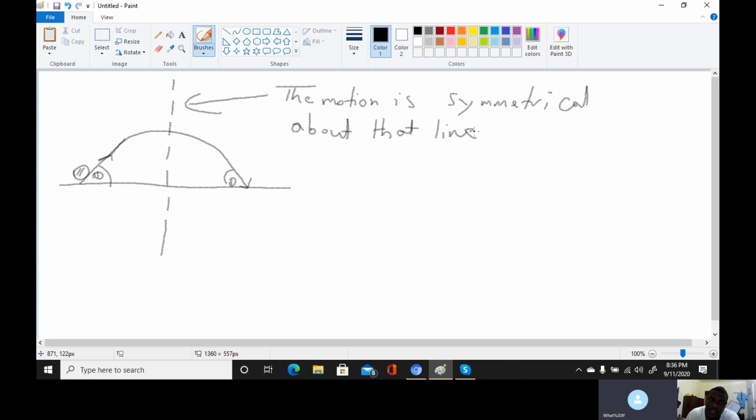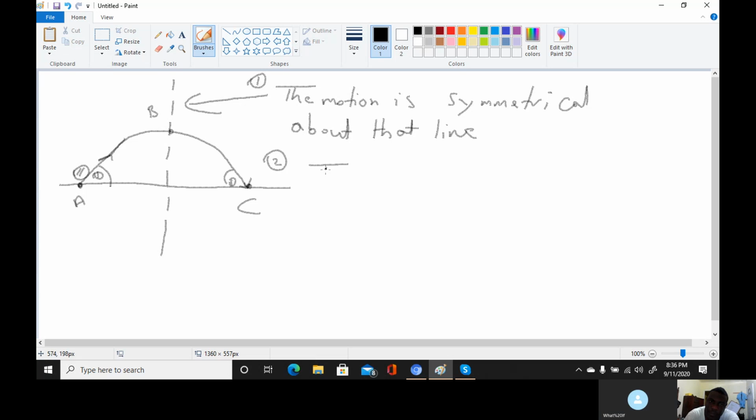All right, so that's the concept. What does that mean? So lots of important points, so the diagram is going to be crowded, so I'm going to just try. You see the time that the ball will take to move from the point here A to the point here B is the same time it will take to move from B to C. That's what we mean by symmetrical.